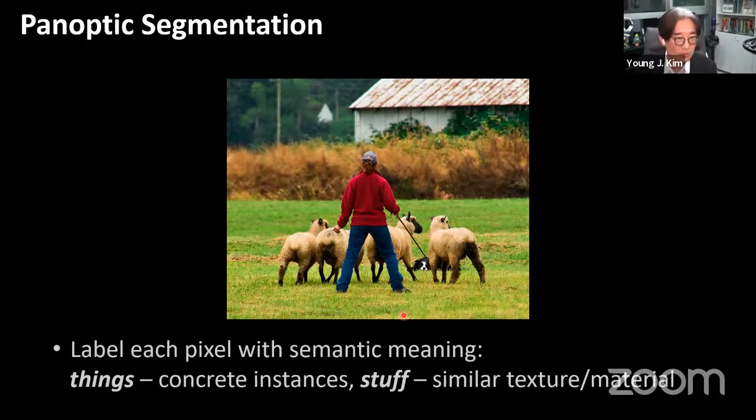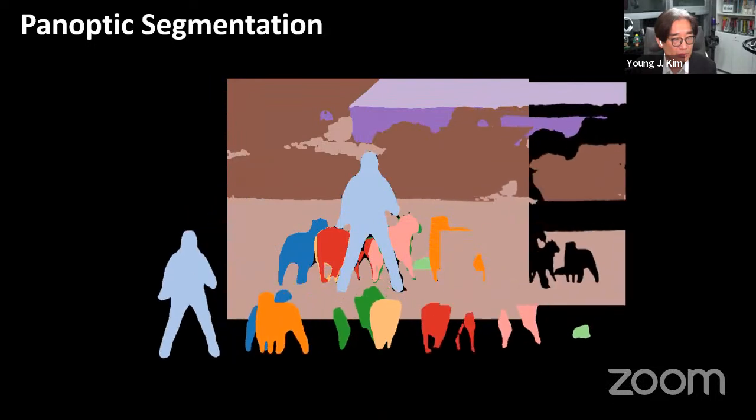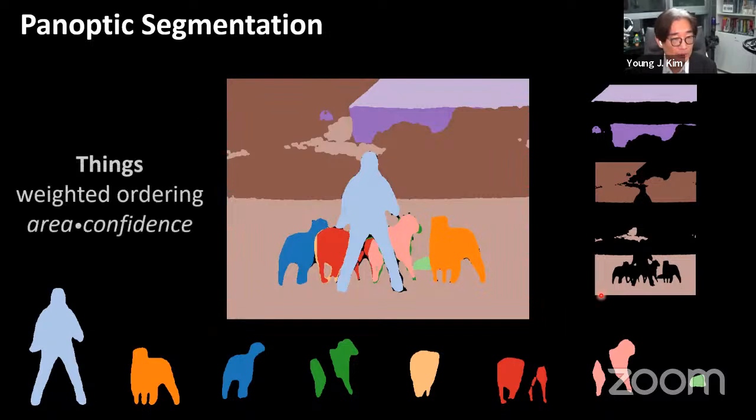We classify those two using panoptic segmentation, things and stuff, and then we sort them. In the case of things, we use a weighted ordering of the area of the image and the confidence of the segmentation results. We also sort the background based on some kind of symmetric ordering. We will use this ordering as a drawing sequence.